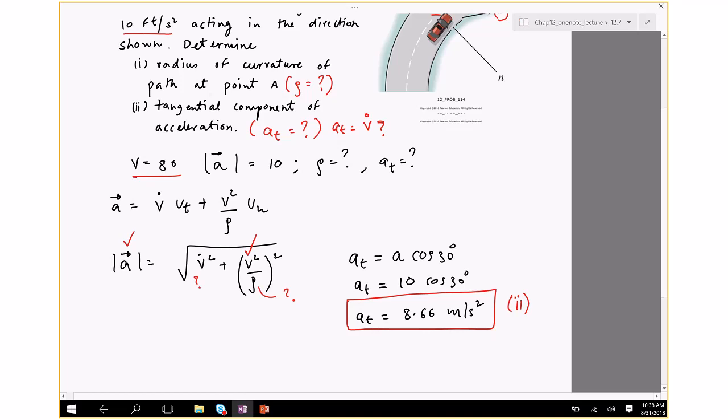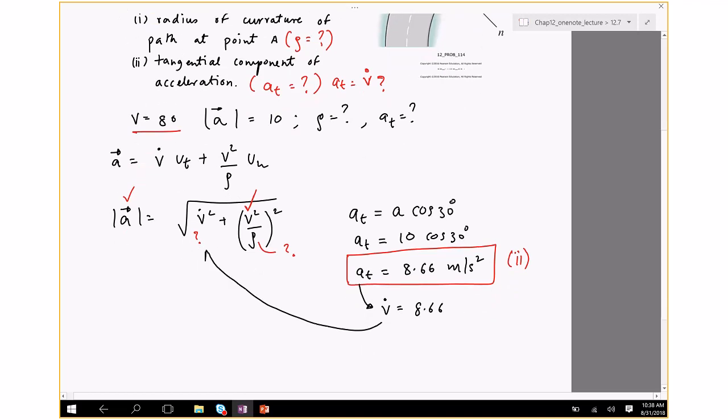Okay, but AT is also v dot. So we know 8.66 is v dot. So we can now take this and sub in here. So A is 10 equals 8.66 square plus velocity 80 square divided by rho, which is the unknown.